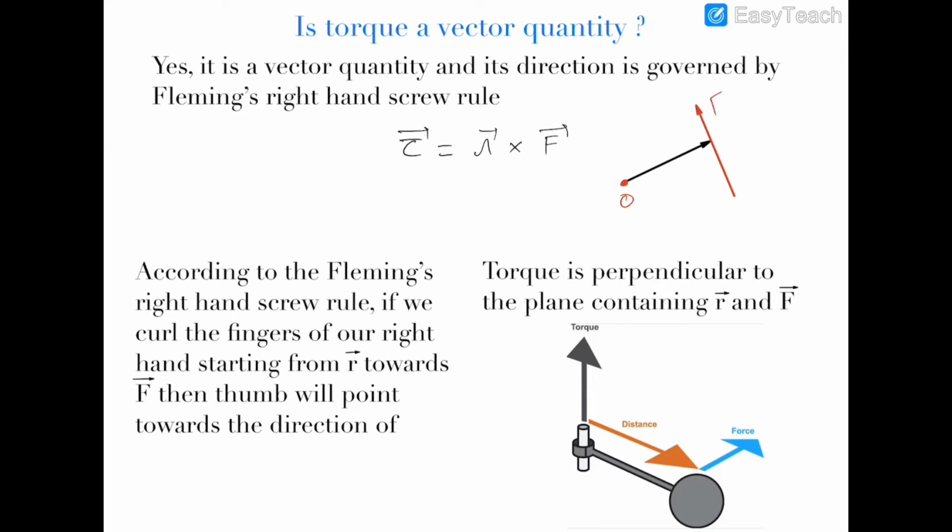So this is the force F, and this is the R vector, which is the position vector of the point on which the force is applied, and we have to calculate the torque of this force about this point O. The torque would be in the direction of R cross F. So this object would rotate like that, and therefore the torque acting on this object about point O would be in the direction which is coming out of the plane of the board. So this is the direction of torque.